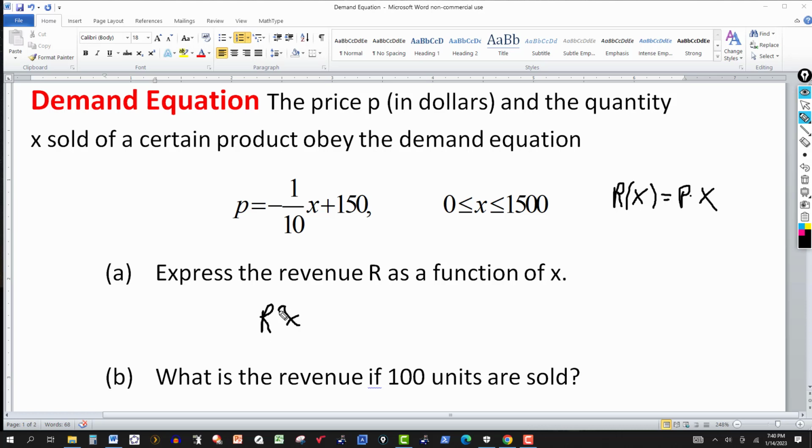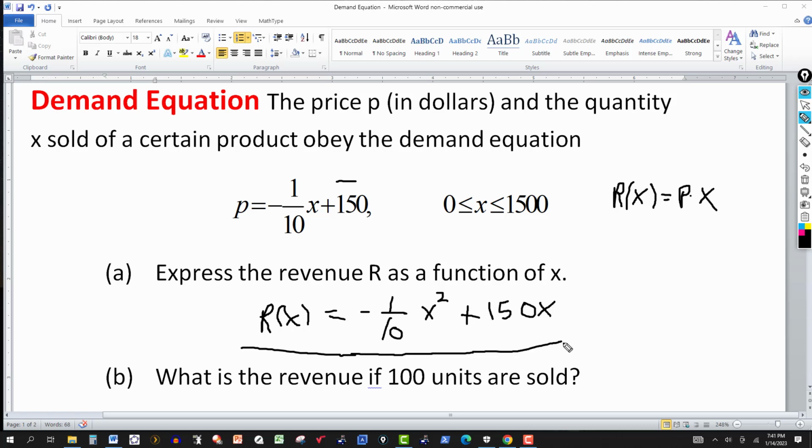Take the revenue function and multiply this equation P by X. Just multiplying through, this will give me a minus 1/10, and then X times X will give me an X squared, and then the 150 times X will give me 150X. So the revenue function is given by R of X equal to negative 1/10 X squared plus 150X.